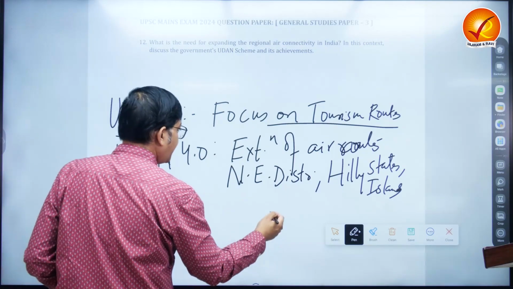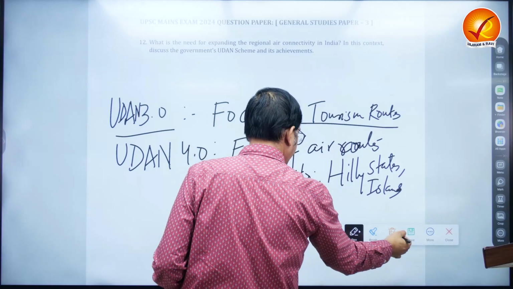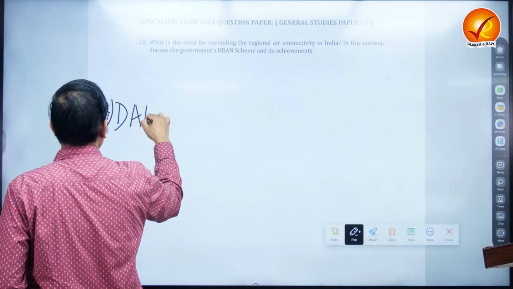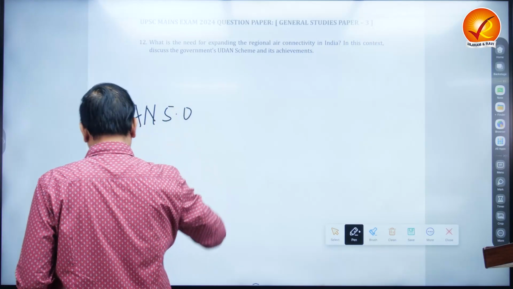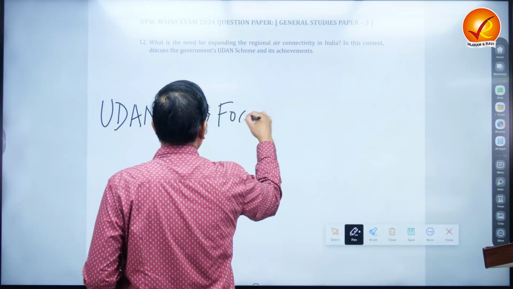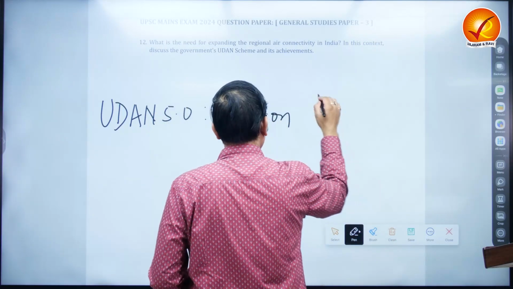UDAN 5.0, okay, and recently we have even 5.1, 5.2, etc. So UDAN 5.0 was talking about focus on category 2 and 3 aircrafts.